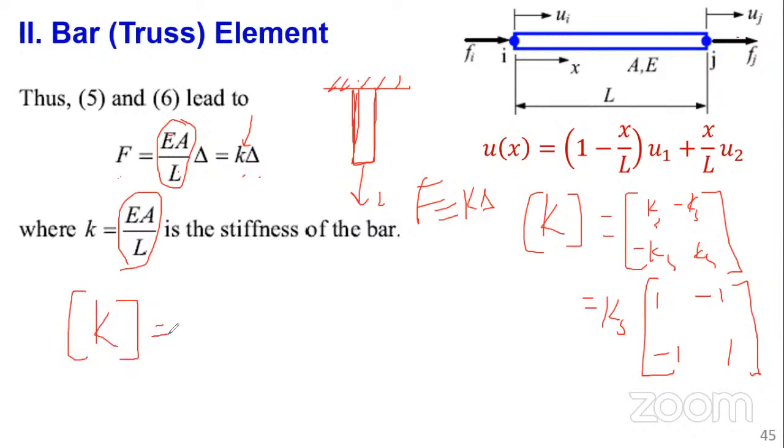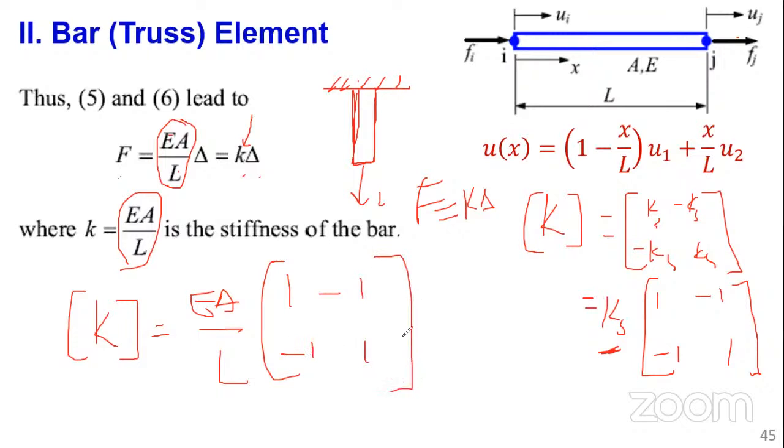I'm only saying this because we already derived it in a previous lecture. You could revisit and see whether you can derive it from first principles, using Hooke's law and the condition of equilibrium. So K for the bar element, factoring out Ks, is EA over L times [1, -1; -1, 1]. And this is the stiffness matrix for a bar element.